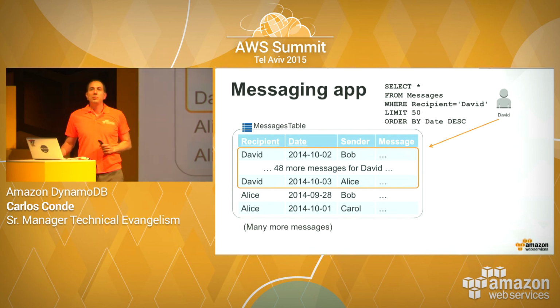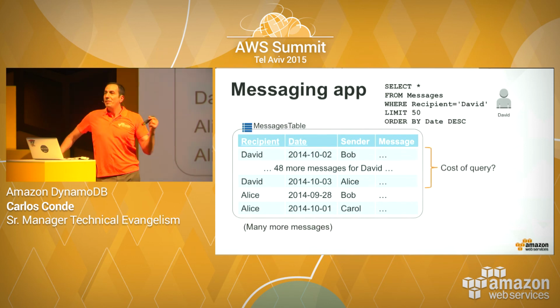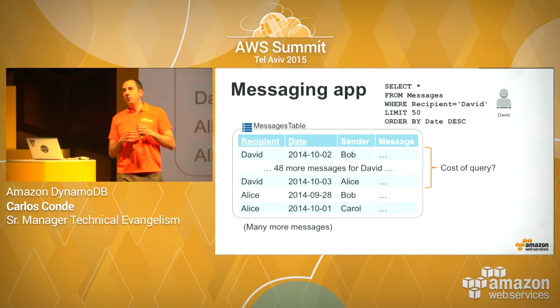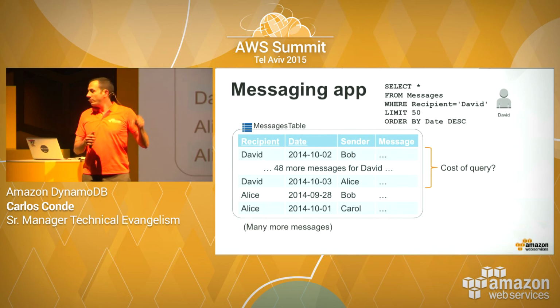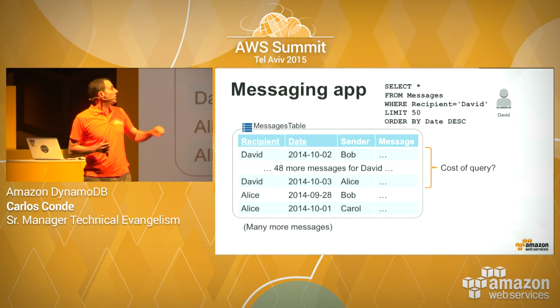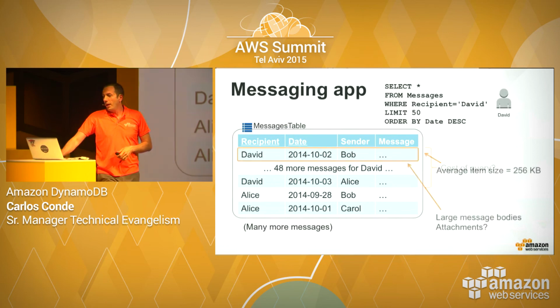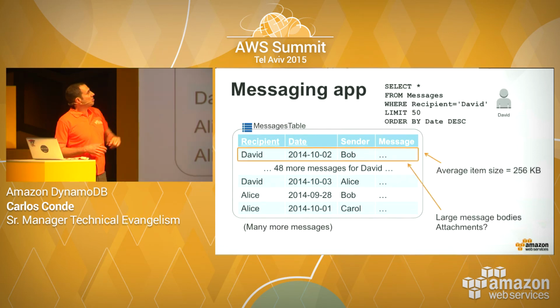Now the problem is that this is very ineffective. It's ineffective from a cost perspective. Because again, keep in mind that the way we charge you when you use Dynamo is how many read capacity units you're consuming and how many write capacity units you're consuming. So here, let's say that each item has something like 256 kilobytes.